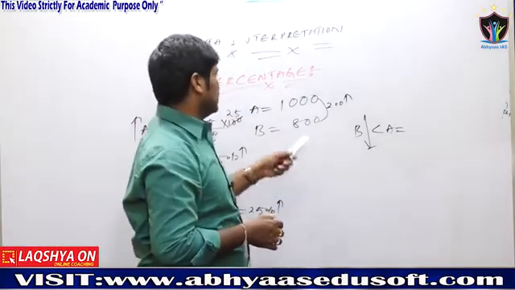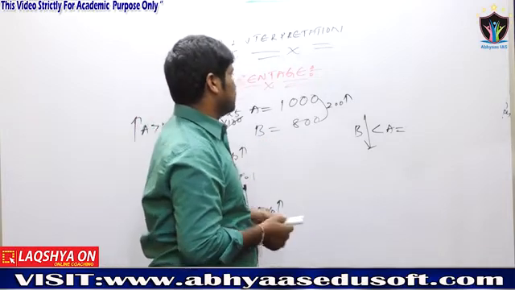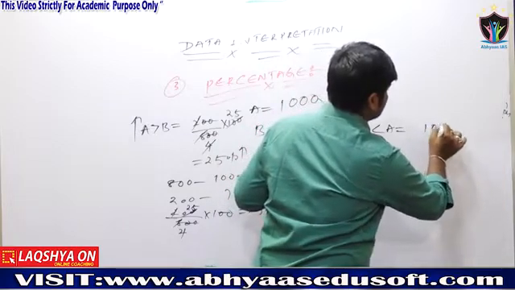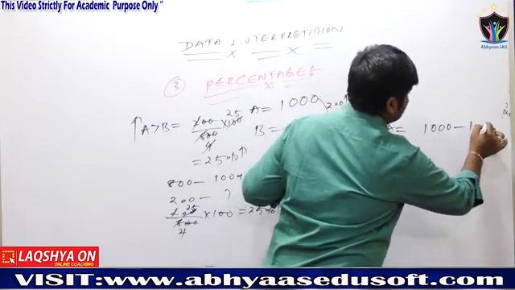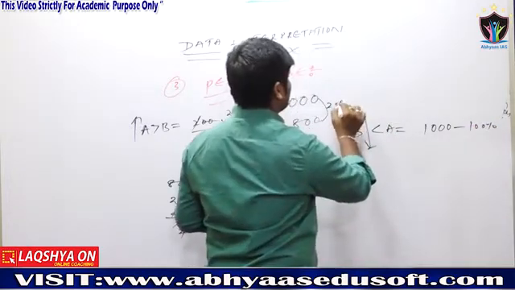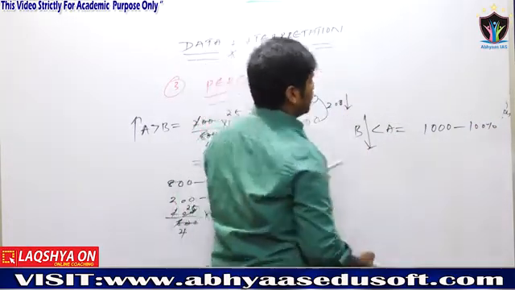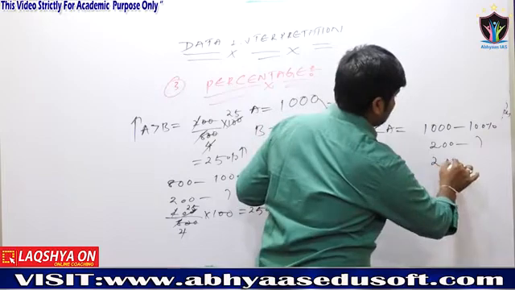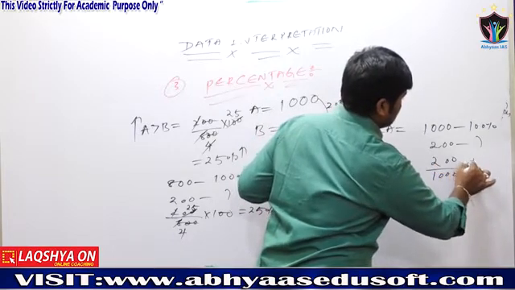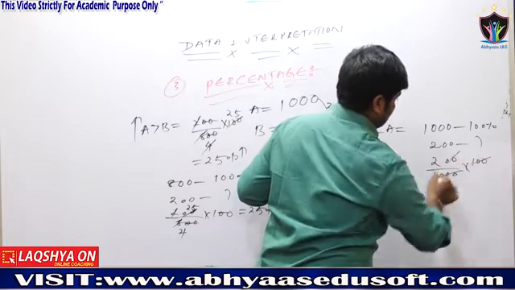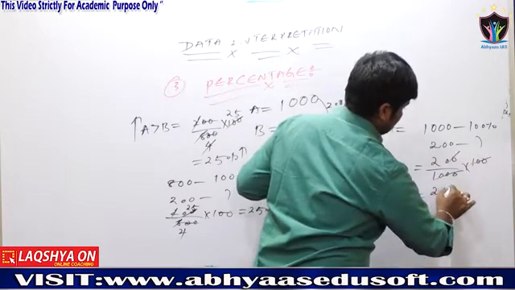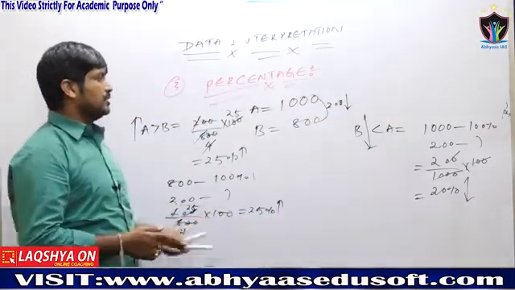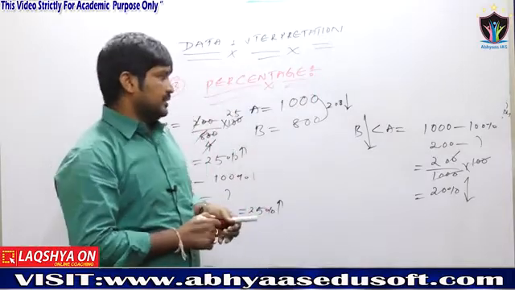So 1000 equals 100%, and the difference is 200. 200 equals what percentage? 200 by 1000 into 100, three zeros cancel, and finally we get 20% less. So A is 25% more and B is 20% less.